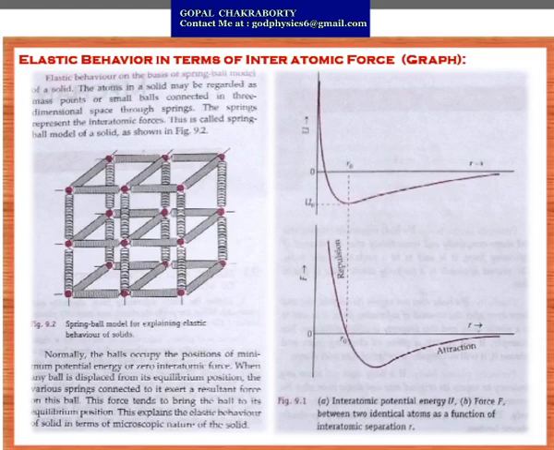When any ball is displaced from its equilibrium position, the various springs connected to it exert a resultant force on this ball. This force tends to bring the ball back to its equilibrium position. So this explains the elastic behavior of a solid in terms of the microscopic nature of the solid.